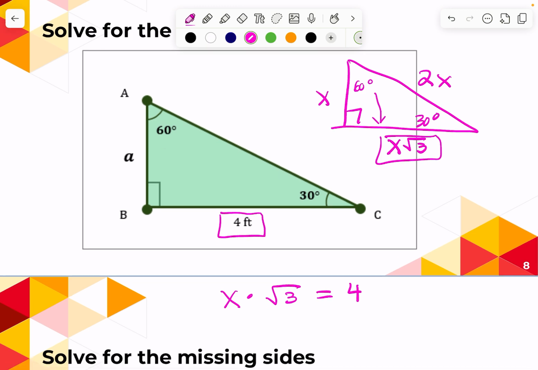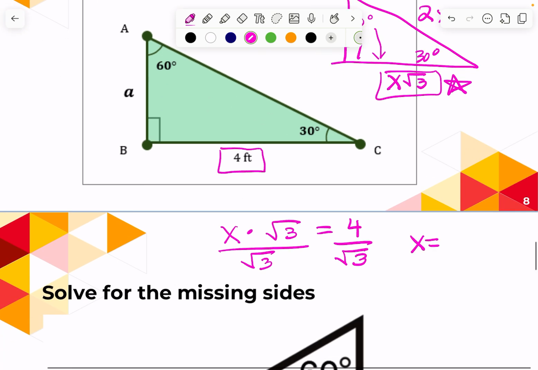So all you do when you have a problem like this, when you have a number that doesn't match the format of the formula, just take the formula piece and set it equal to the number that's given, which is 4. In order to solve this, we're going to divide by root 3. So x equals 4 over root 3.